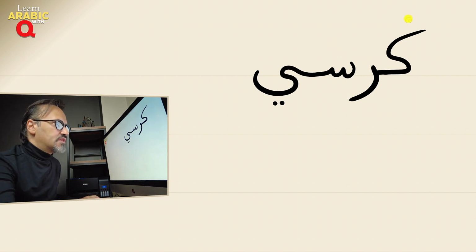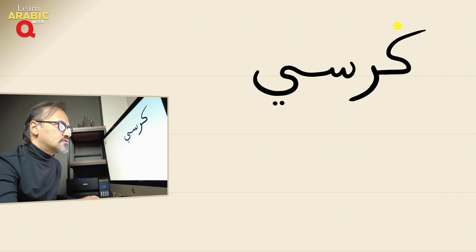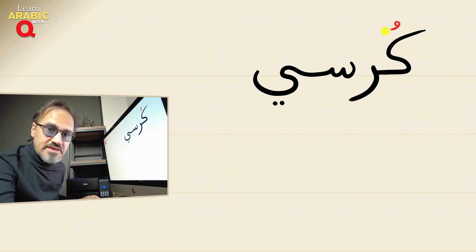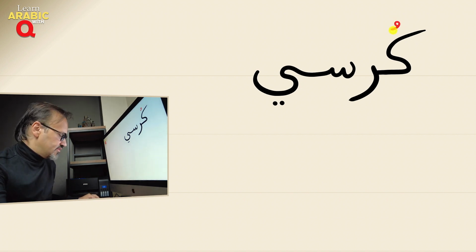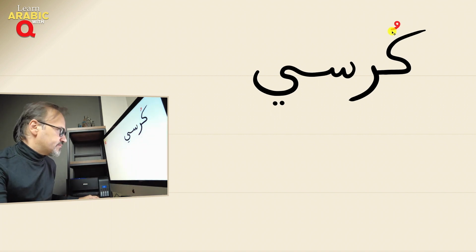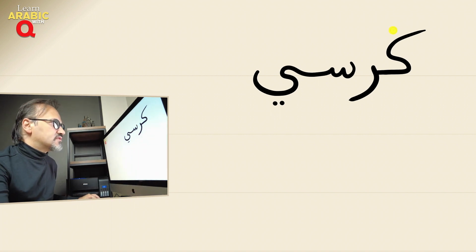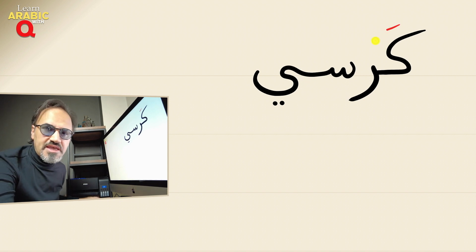Now, let's put the tashkil for this. Look, now it's kursi. Now, if I didn't have this dhamma over here, and I put another sign, for example, I put the fatha over here, how do you read this? It becomes kersi.